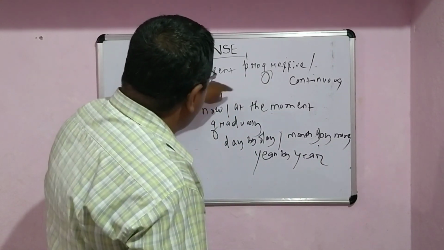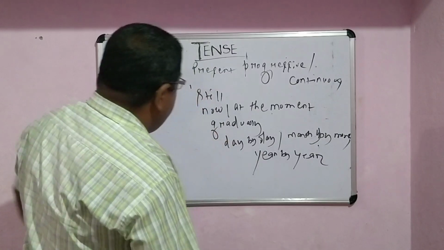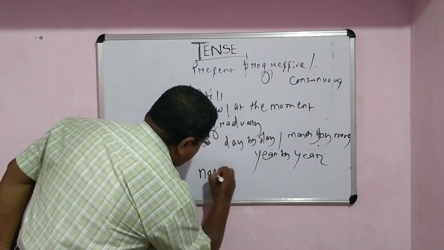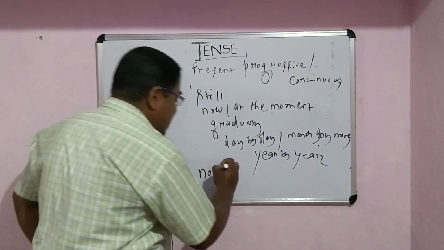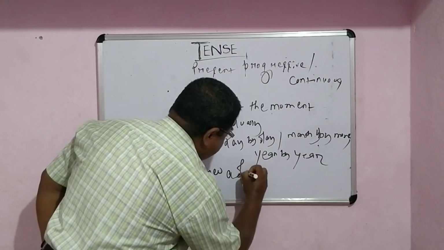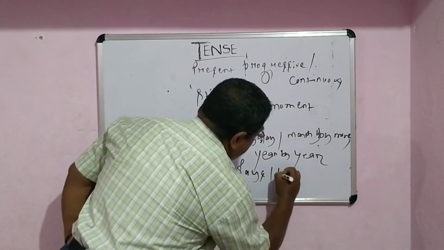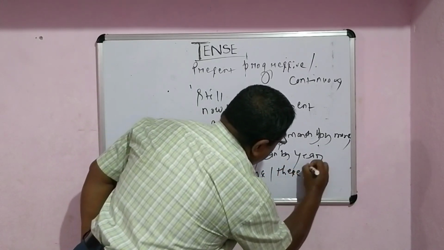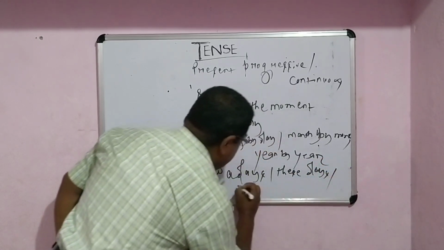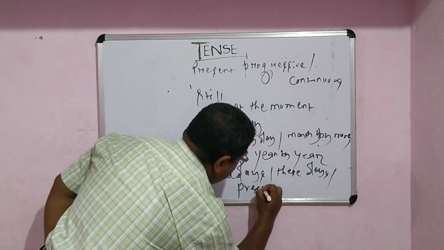Still, now, at the moment, gradually, day by day. Another very interesting phrase, nowadays. We use such a phrase frequently in English grammar or in our spoken English, simply nowadays, or these days, or presently, or at present.